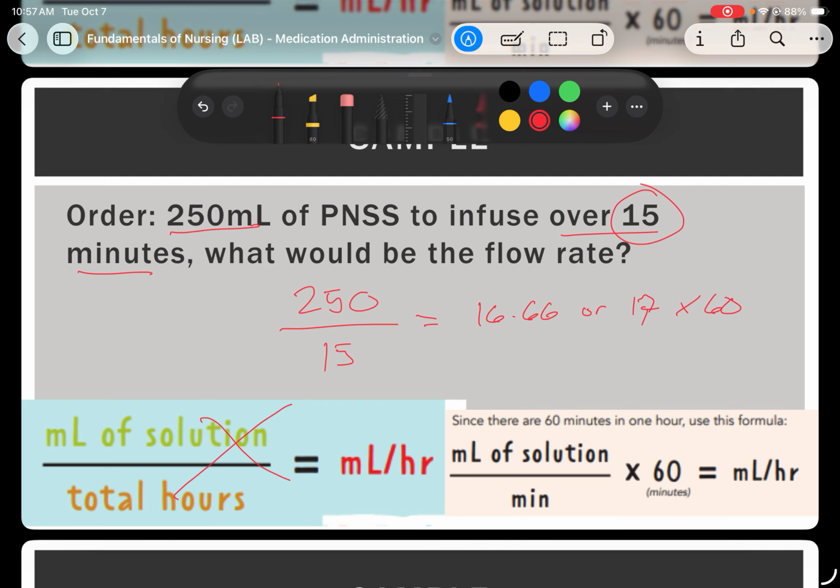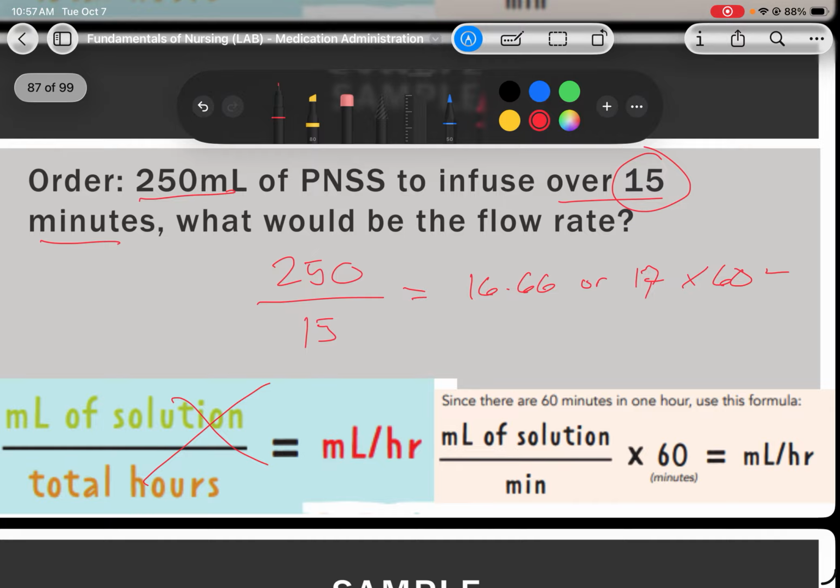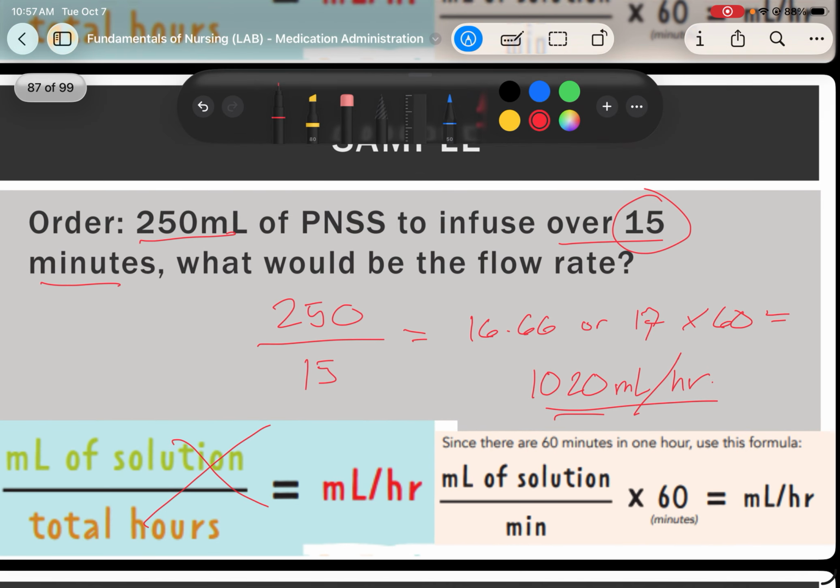We still need to multiply it by 60. So 17 times 60 is 1020 ml per hour. And that is the correct answer.